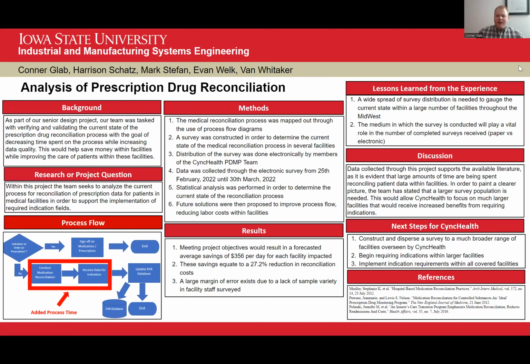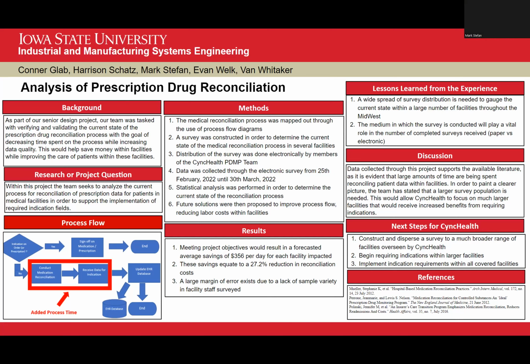The statistical analysis was performed in order to determine the current state of the reconciliation process with that data that was previously mentioned. And we were able to use that data to make some future solutions proposed to the PDMP team as well. And speaking of results, I'll pass it along to Mark.